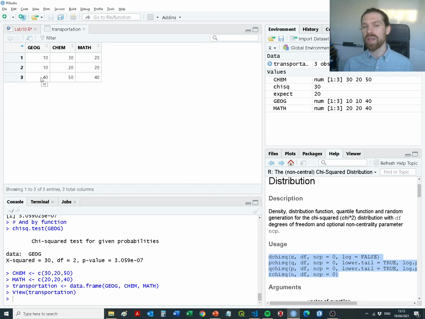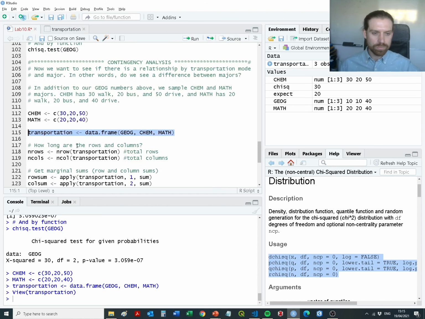The way to think about this, if it's easier, is to think of the data frame as a matrix. For each of those transportation modes, we have the numbers and the modes across the rows, and then the subject majors being the columns across here.